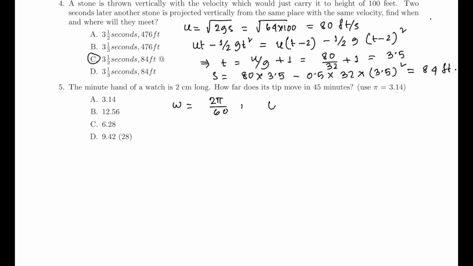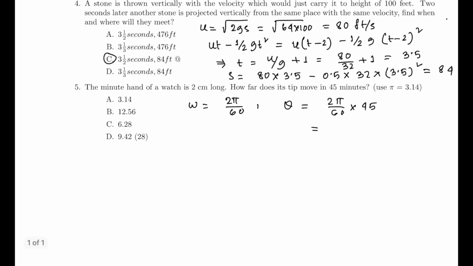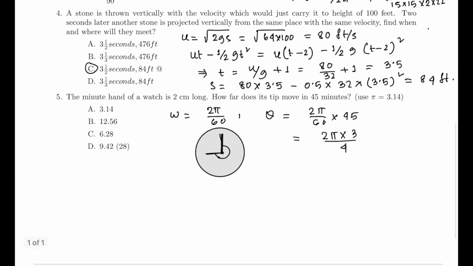So the angle traveled in 45 minutes is 2 pi by 60 into 45, that is 3 pi by 2, and that is the angle that it travels in 45 minutes.